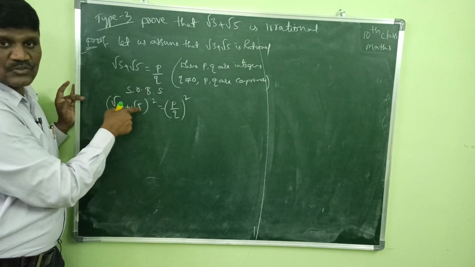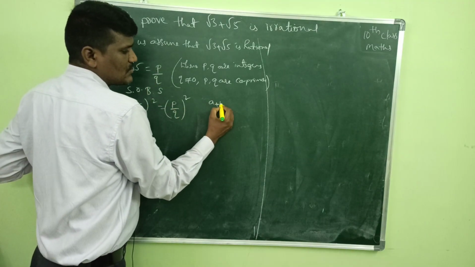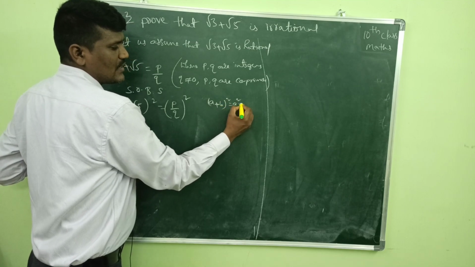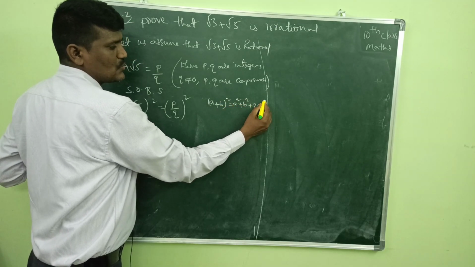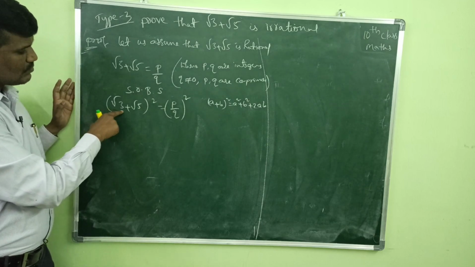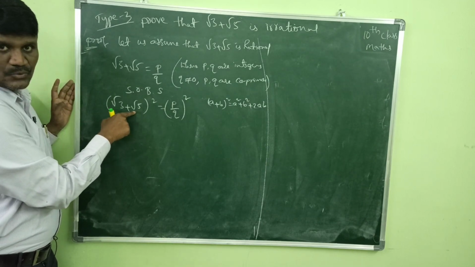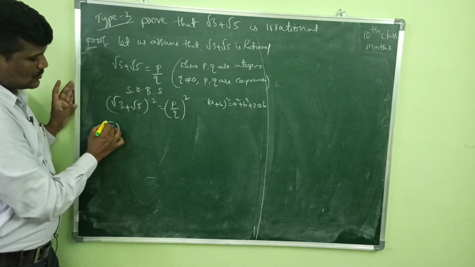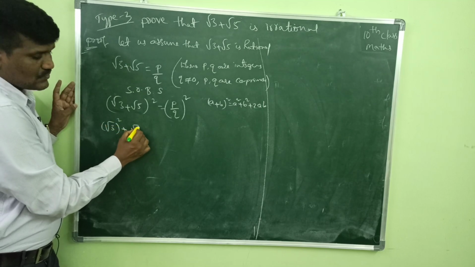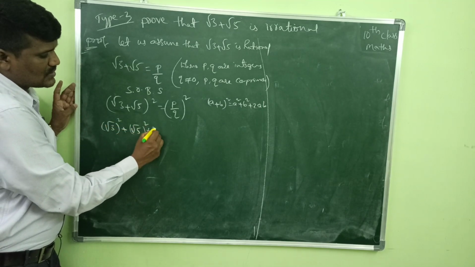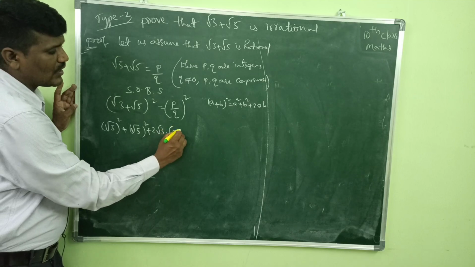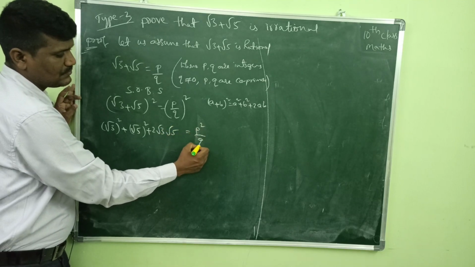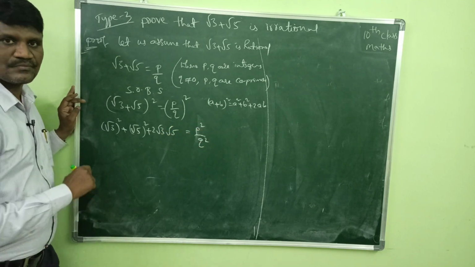Now the formula for a plus b whole square is a square plus b square plus 2ab. Here a is root 3, b is root 5. So a square means root 3 square, b square means root 5 square, plus 2 root 3 root 5 is equal to p square by q square.